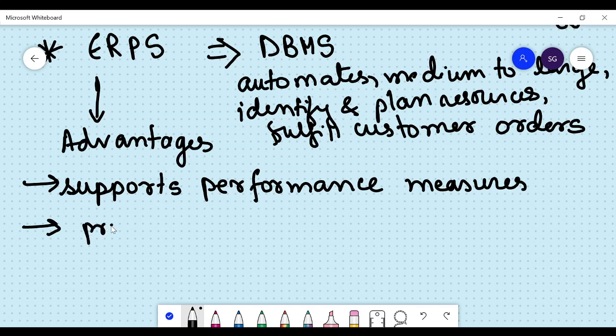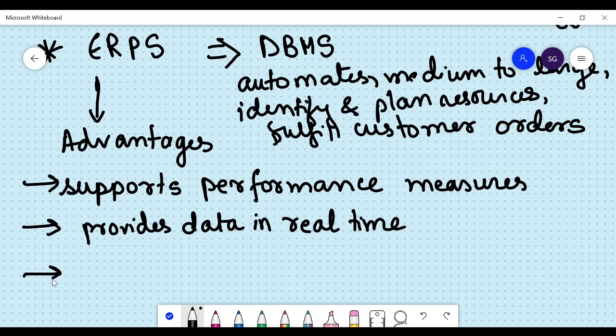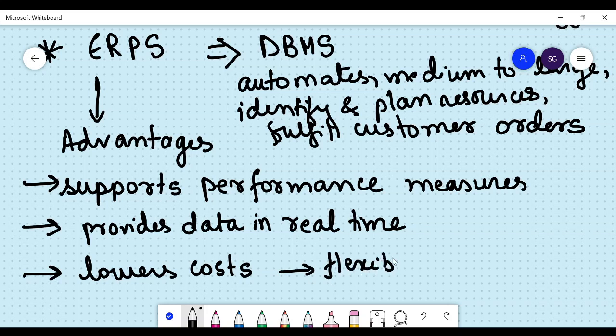It provides data on a real-time basis. It lowers costs. It is very flexible and it ensures efficiency of production.